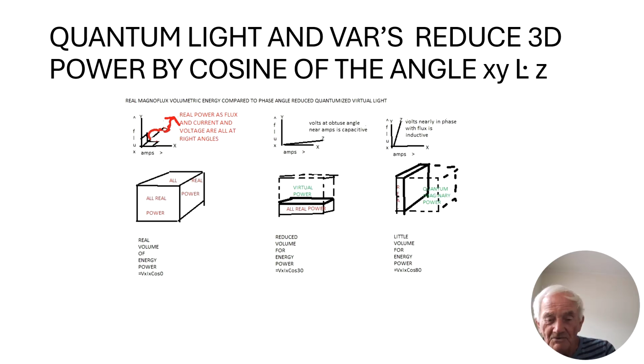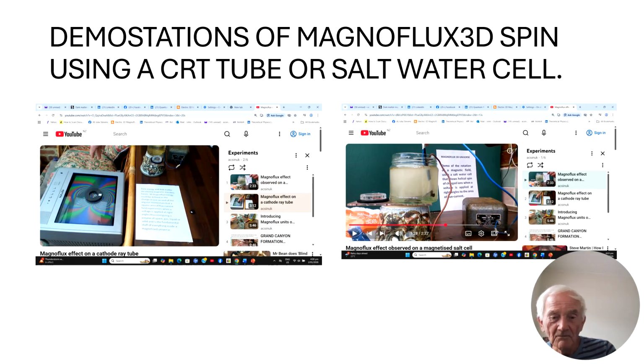So the power disappears and you get a cosine reduction in power. We have done some demonstrations of the 3D spin using a CRT tube or a water cell, which you can look at some time at your own convenience.